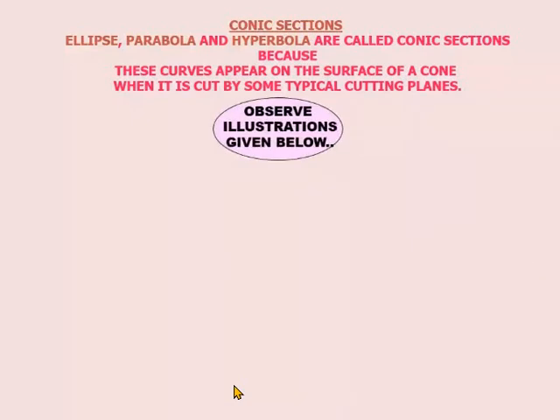Conic sections are very simple. See, I have a cone, and this is the axis of the cone. These side lines, the lines on the surface, are normally called generators.